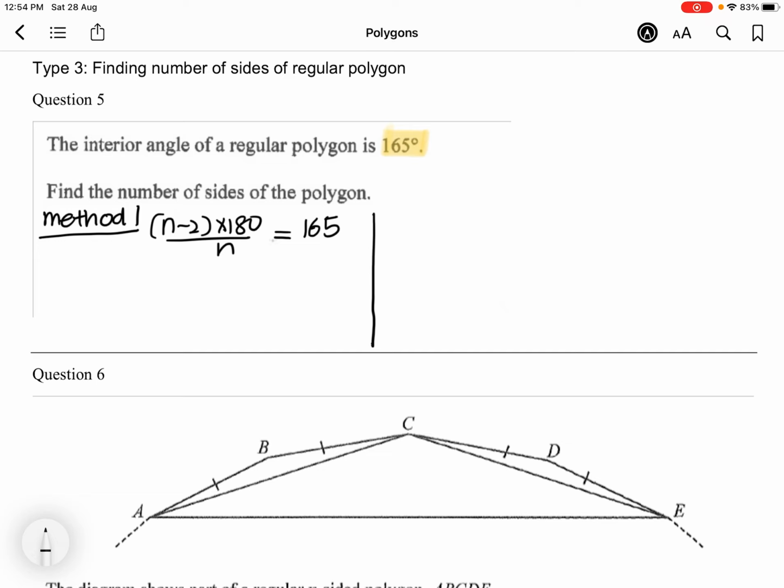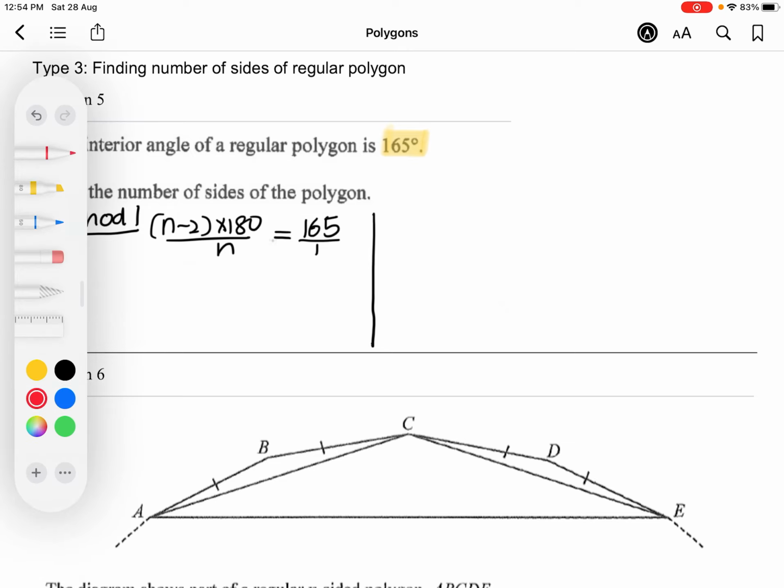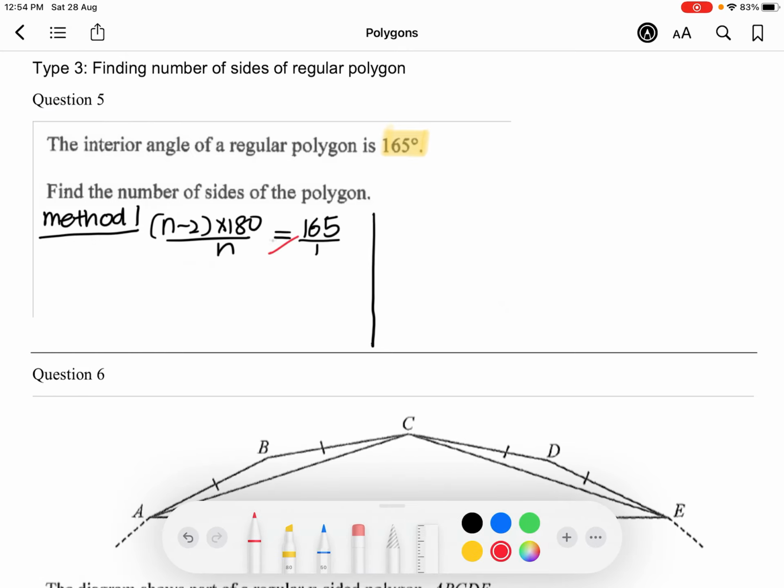Using this, you notice that this is a fraction, so we can cross multiply, and we need to expand the 180 inside here. Expanding this, we get 180n minus 360 equals 165n.